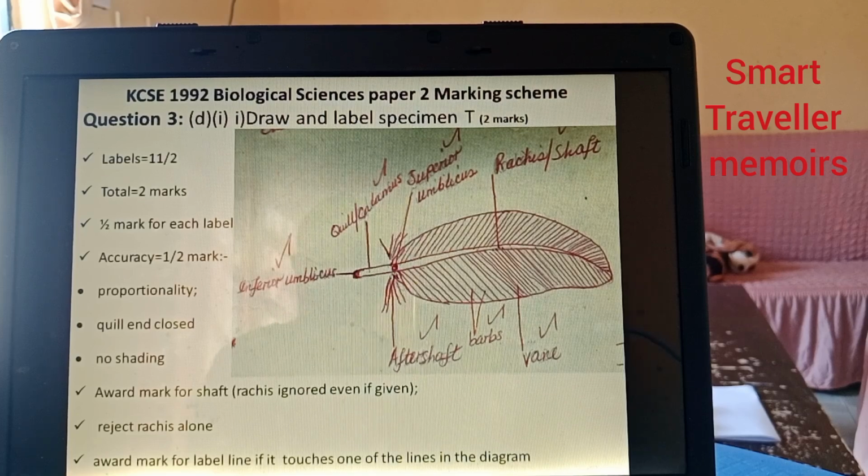So I want a mark for every line if it touches one of the lines in the diagram.